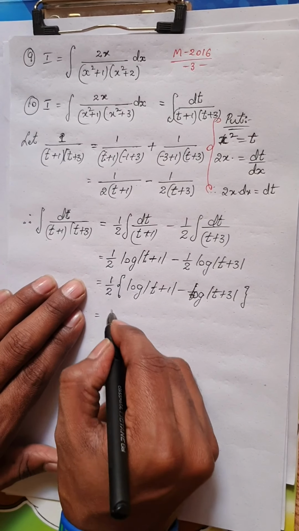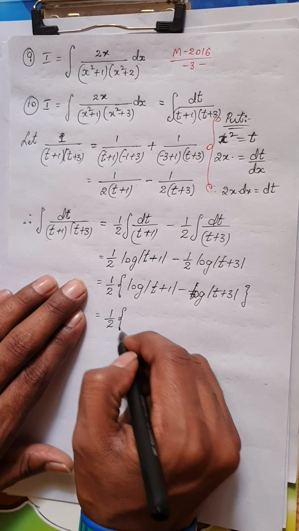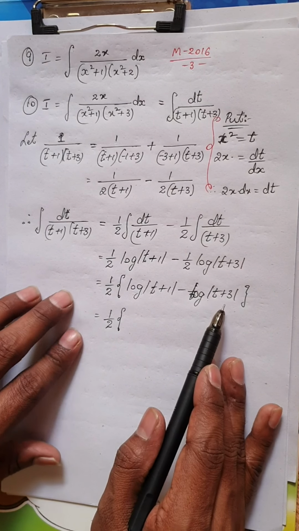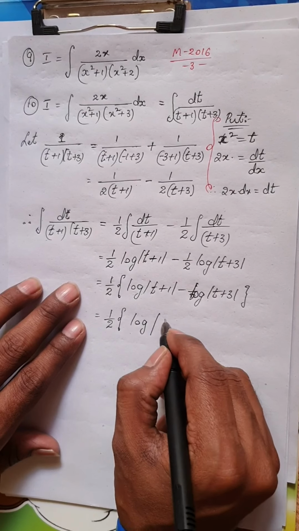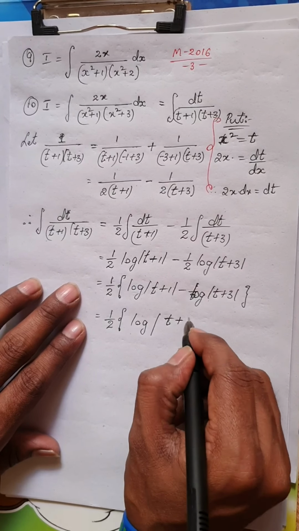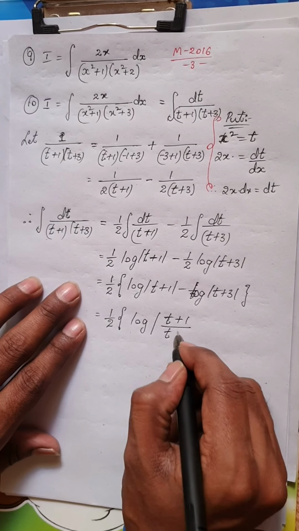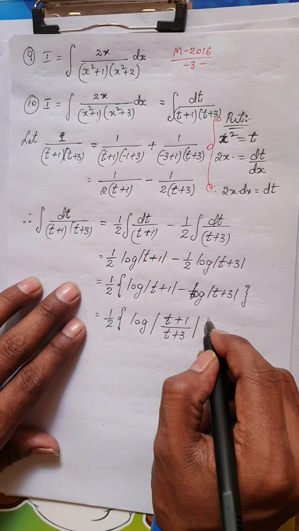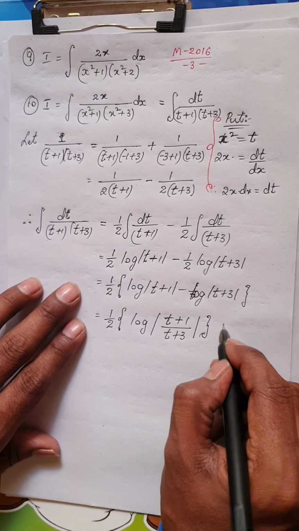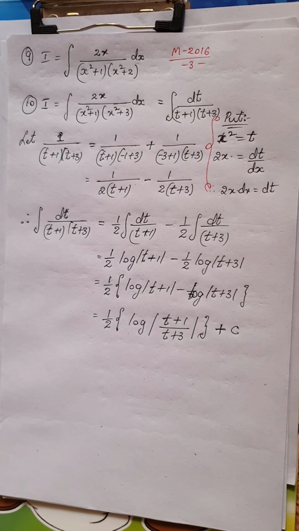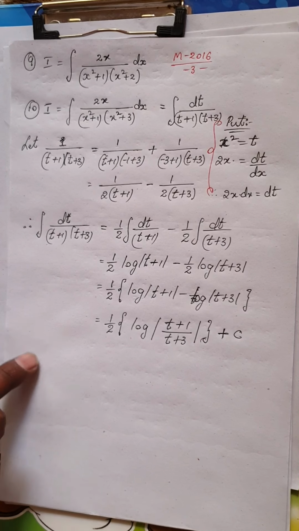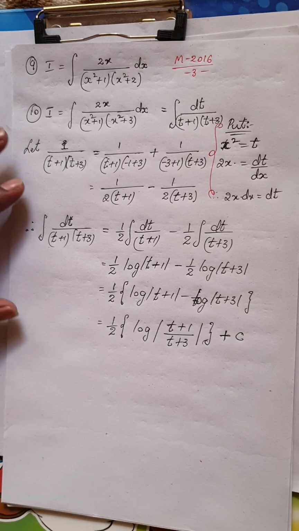Okay. Now this is of the form, half is a constant, I will write as it is, log m minus log n. Now what is log m minus log n? It can be written as log of m by n. So it is nothing but log of (t plus 1) divided by (t plus 3), okay. Now I am going to use a constant of integration because it is an indefinite integral, okay. Now I cannot leave it here, I have to substitute back for the function in terms of x.